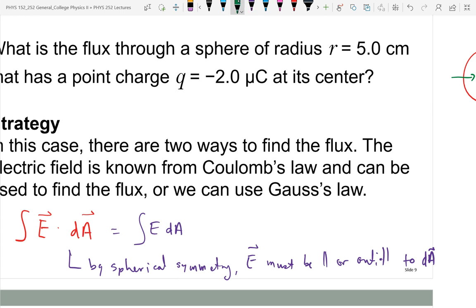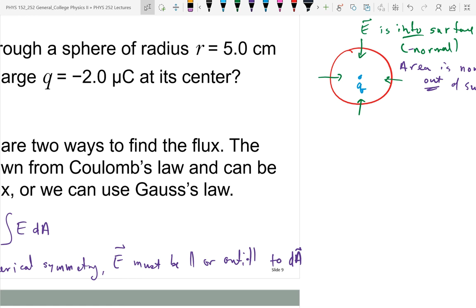Now assumption number two, if I have spherical symmetry, I can't tell the difference in any location on the sphere. It's still going to be the electric field is either going into or out of the sphere, and that's all that matters. The electric field strength can't vary as you move around the sphere a constant distance from the charge, just based on symmetry.